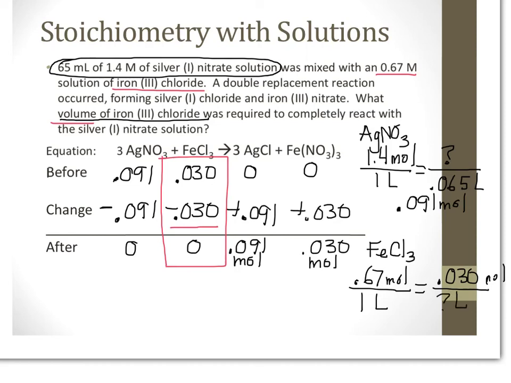And so I'm going to take 0.030 divided by 0.67, and that gives me 0.045 liters. And there are 1,000 milliliters in 1 liter, so this is equal to 45 milliliters. So that is an example of stoichiometry by employing molarity.